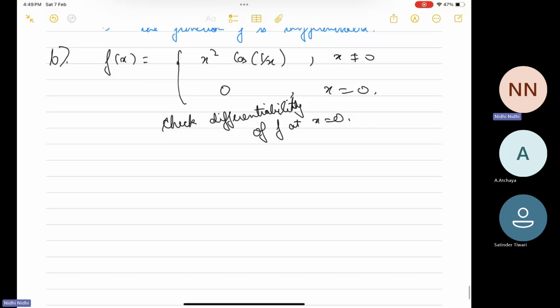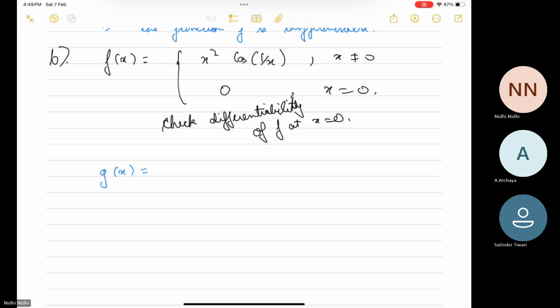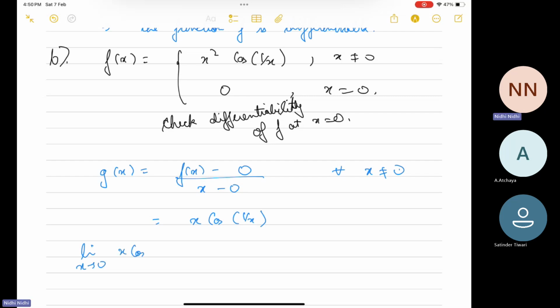In this case, g(x) will be f(x) minus 0, because f at 0 is 0, upon x minus 0, whatever x non-zero. So this will be basically x cos 1 by x. We need to check limit x tending to 0 of x cos 1 by x.